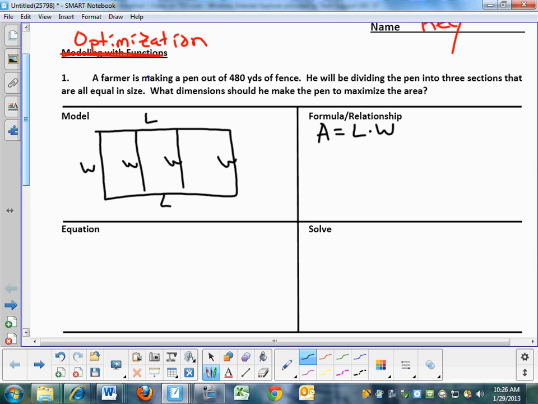What else do you know in this problem that you could use to help you out? 480 yards. So if you would take the width plus the width plus the length plus the length plus, the other way around, right? Yep. 4W plus 2L is equal to 480.